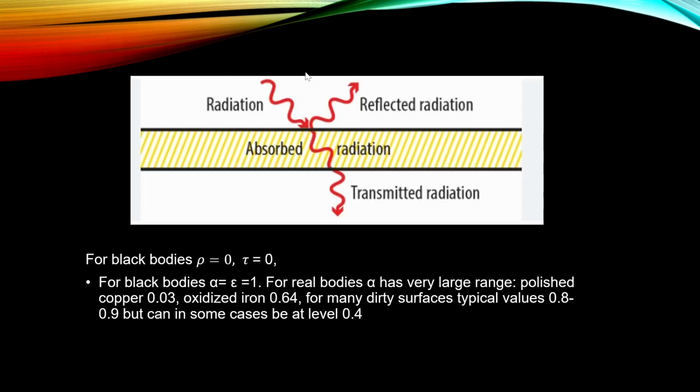In this picture we have one possibility to describe what happens to radiation. Part of the radiation is absorbed, part is reflected, and the rest is transmitted. For black bodies, the transmitted and reflected parts are zero, and all is absorbed. For real bodies we have a very large range of absorption coefficients. It can be very low, for polished copper for example it is as low as 0.03.